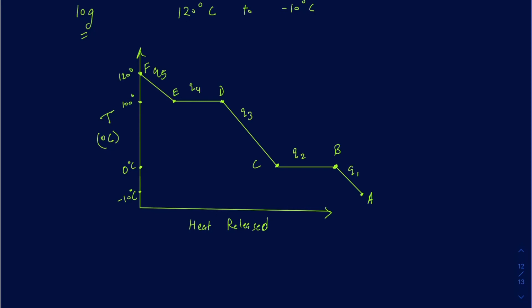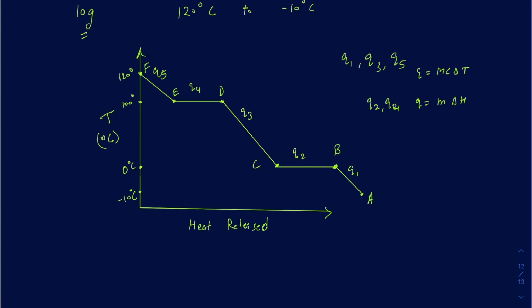Okay. Now, to calculate Q1, Q3, and Q5, you're still going to be using the MC delta T formula because you're changing the temperature there. And to calculate Q2 and Q4, you're still going to be using Q equals M times delta H. So that doesn't really change, regardless of the type of question.